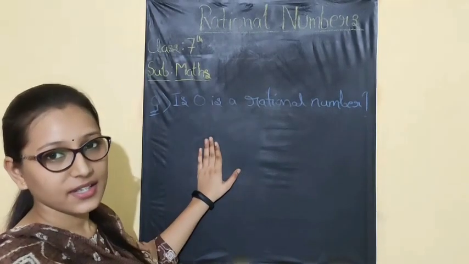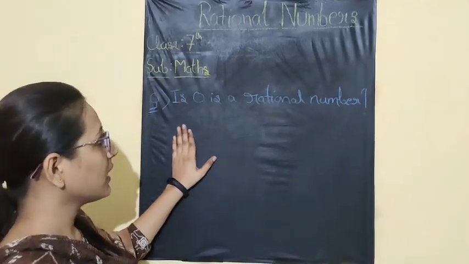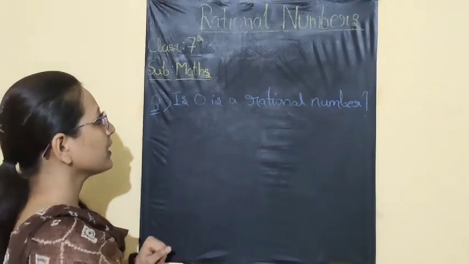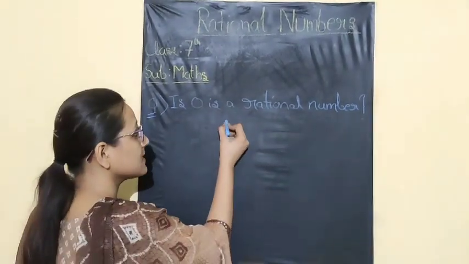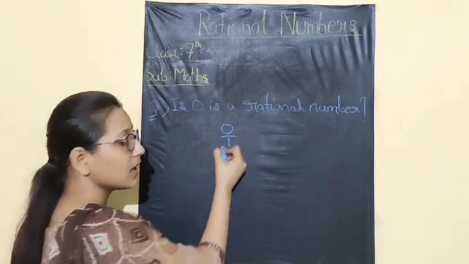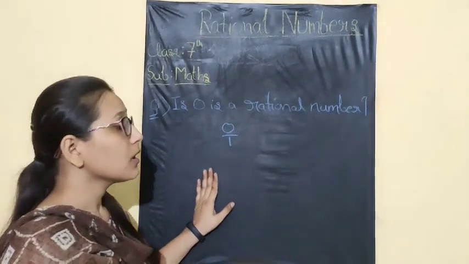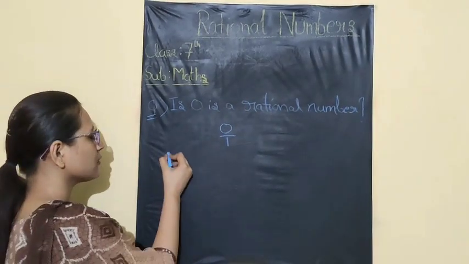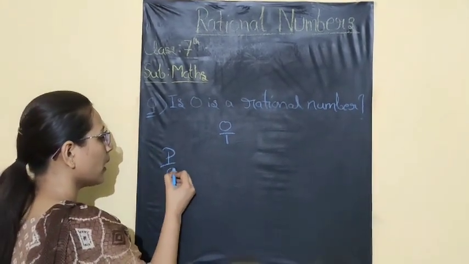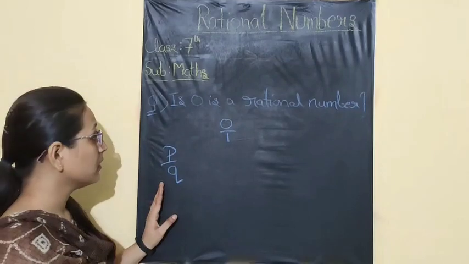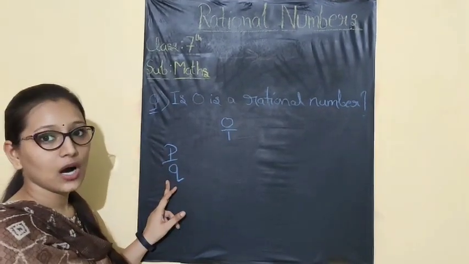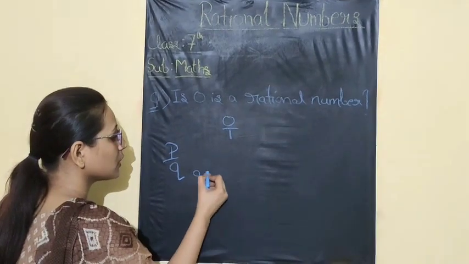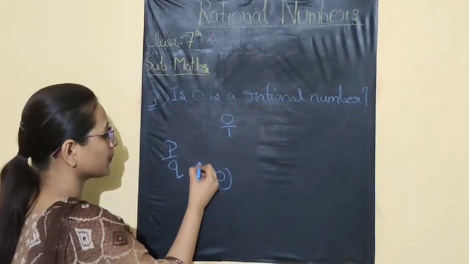Is 0 a rational number? So let us find out whether 0 is a rational number or not. We can express 0 as 0/1. And we know that rational numbers are expressed in the form of p/q, where p and q are integers and q is not equal to 0.